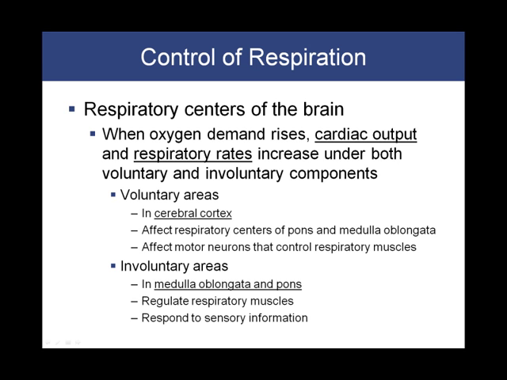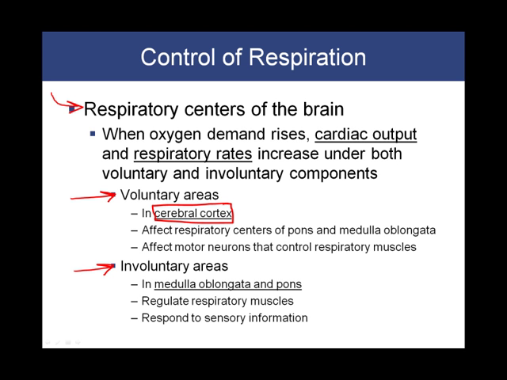So what controls the depth and rate of respiration? We have respiratory centers in the brain that do just that. There are voluntary areas and there are involuntary areas. Remember from last semester that the cerebral cortex is controlling voluntary muscle movement, voluntary behavior.